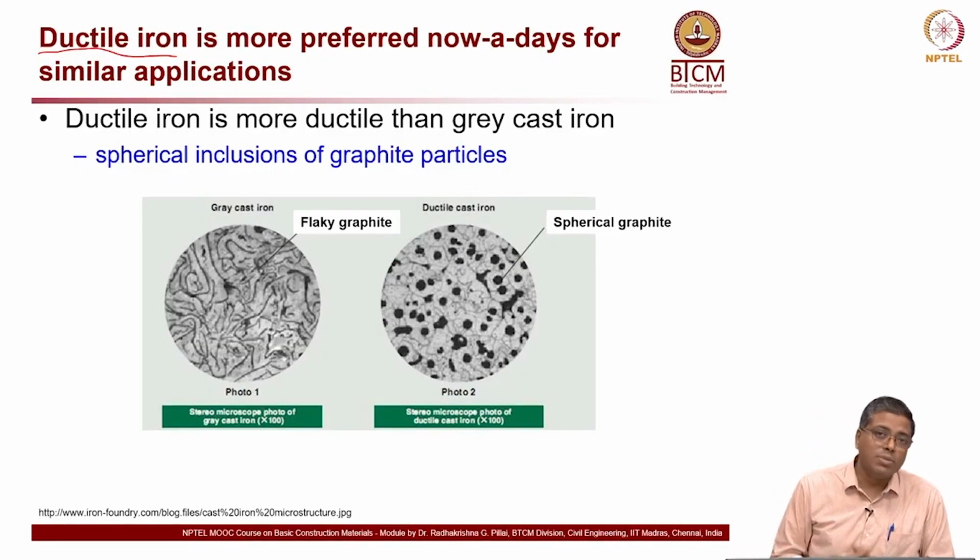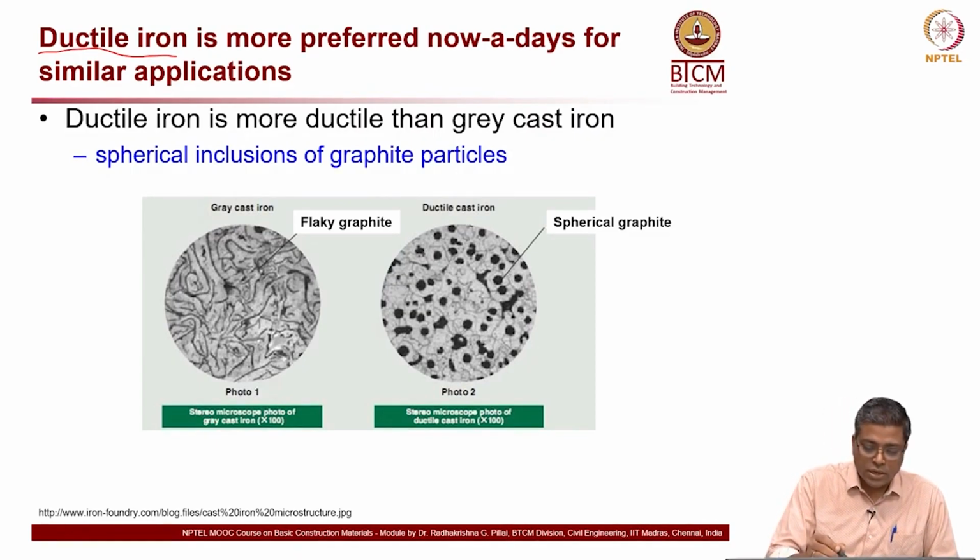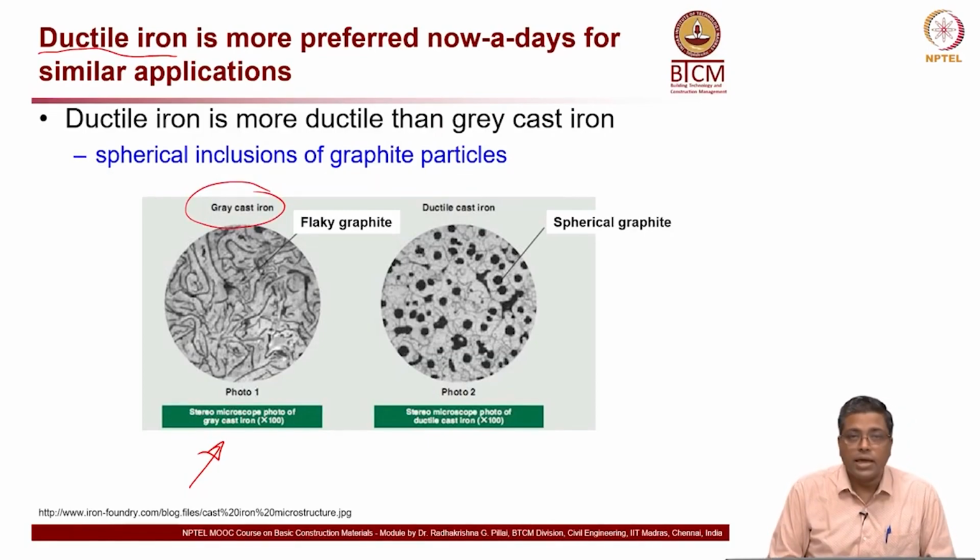Now, the reason this is more ductile is because it has a different type of carbon, or the microstructure is different. Let us look at only the first picture here. This is gray cast iron. You can see these flaky black lines, the flaky graphites.